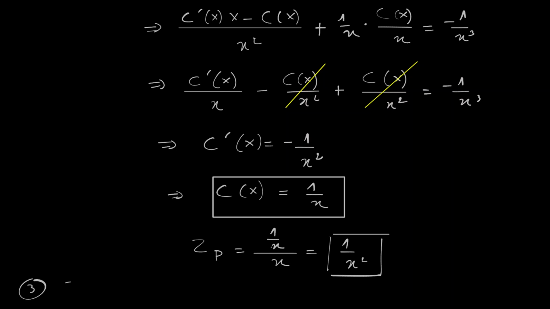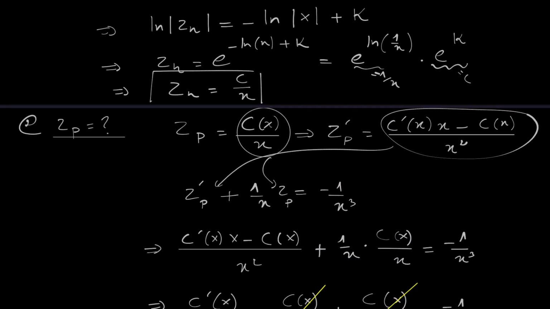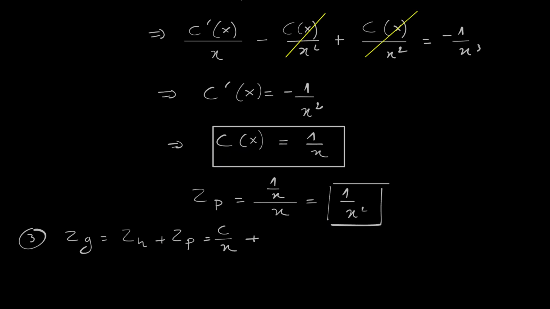Now we can write our general solution for the linear equation, which is the homogeneous solution plus the particular solution. I return to take the homogeneous solution plus the particular solution, and we can write it in this form by putting the same denominator.